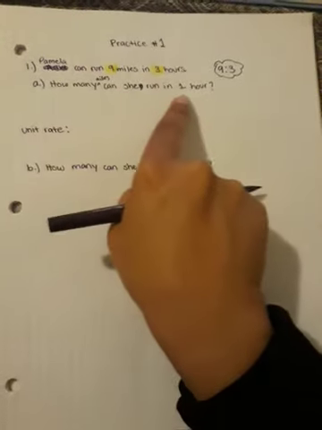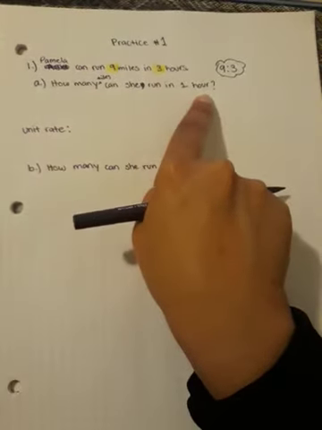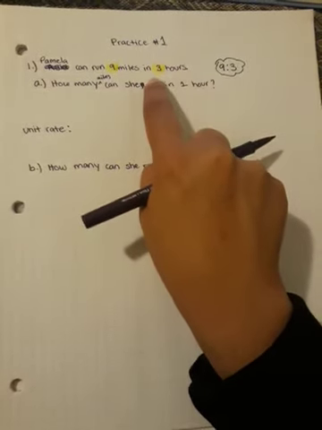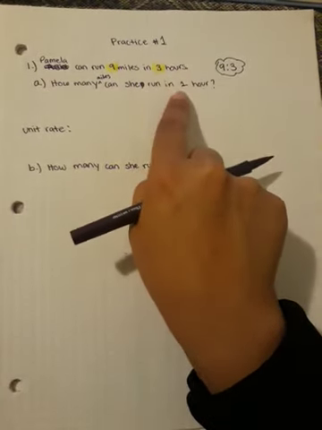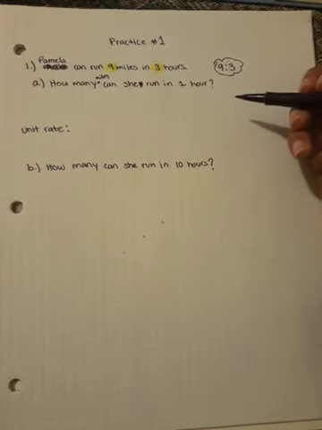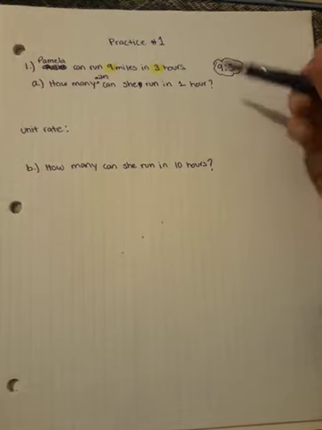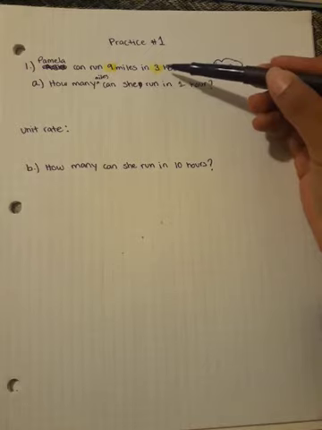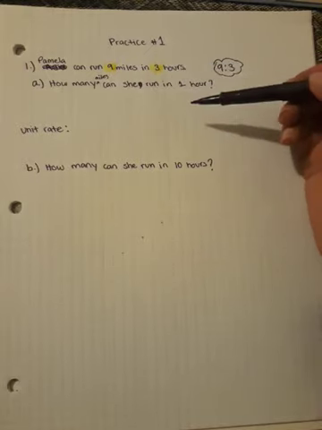Which is basically what the question is asking us. How much can she run for 1 hour? We know how much is in 3 hours, but how much for 1 hour? Now, yesterday you guys practiced finding equivalent ratios, right? So basically we're finding an equivalent ratio. How do we get from 3 down to 1, right?